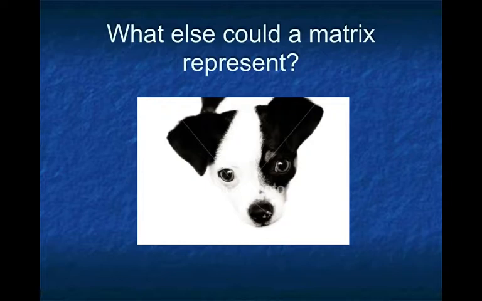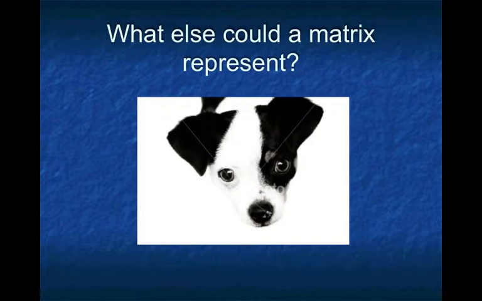So most images are about 256 pixels by 256, somewhere in there. You can think of each pixel as a value, typically between 0 and 255, where 0 is black and 255 is white.